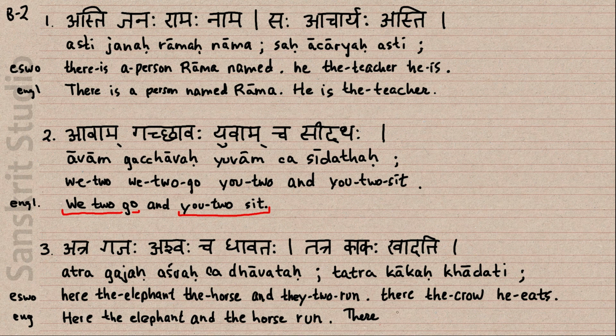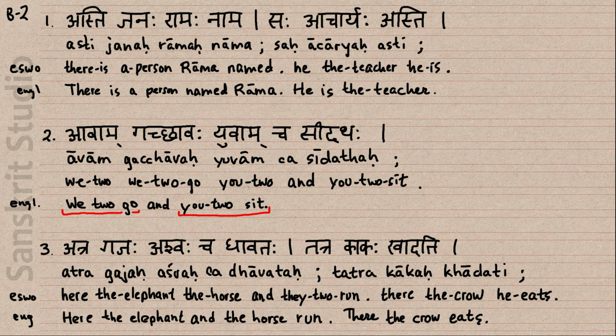There the crow eats. So here in the Sanskrit sentence, we have gajaha and ashvaha together making up a dual verb.